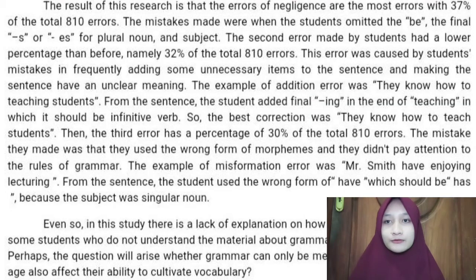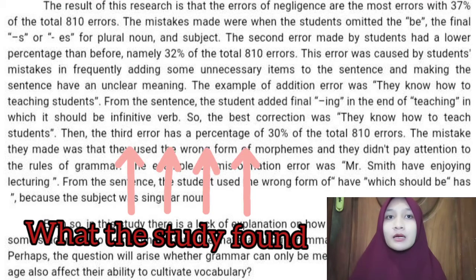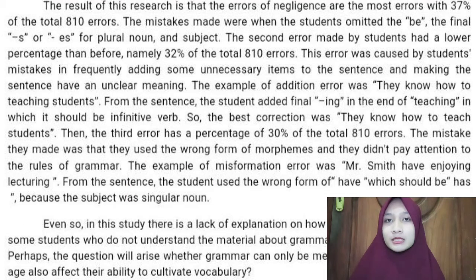The result of this research is that errors of omission are the most frequent, with 37% of the total 810 errors. The mistakes made were when the students omitted the final S or ES for plural nouns and subjects.